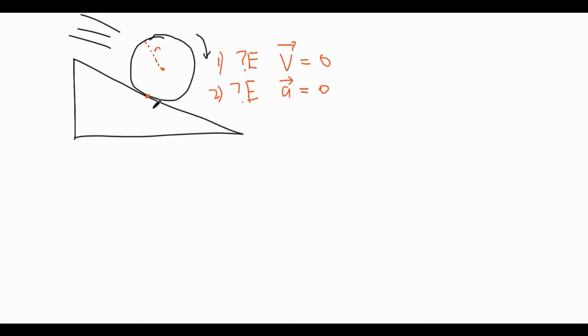If it's not slipping, then the contact point is touching the inclined plane, and the disk is going to be rotating about this tangency point. So if you imagine the rolling motion of a disk, you can see it as rotating about this tangency point as an instantaneous move of the disk.